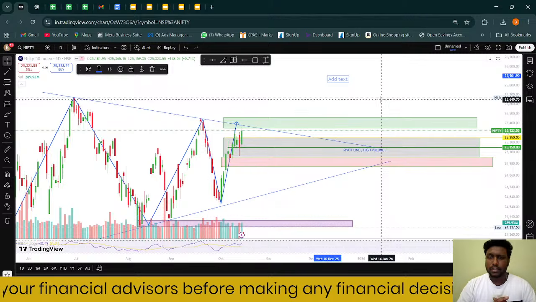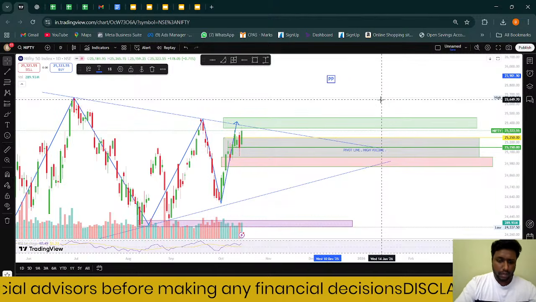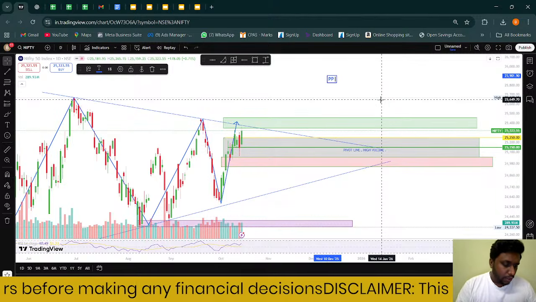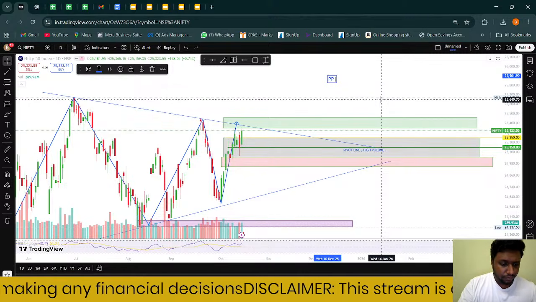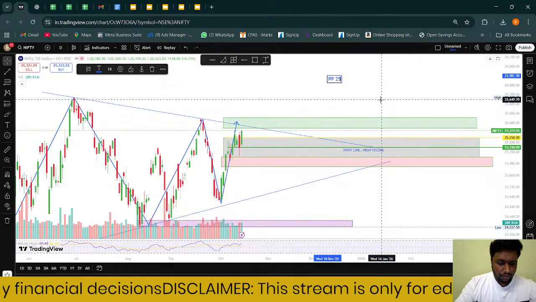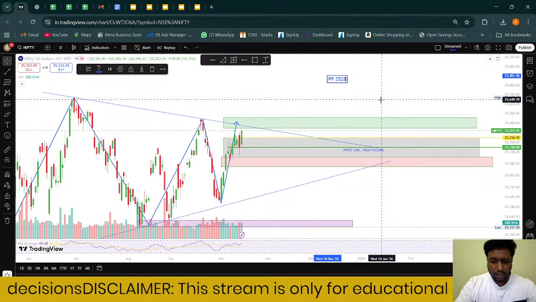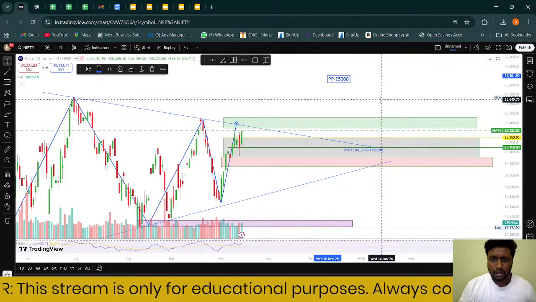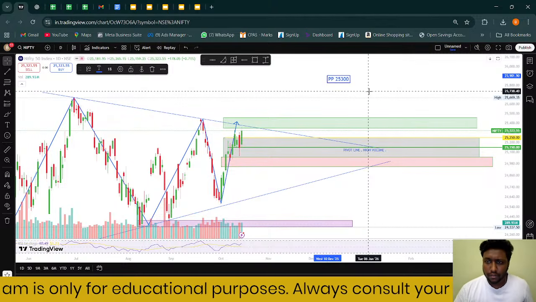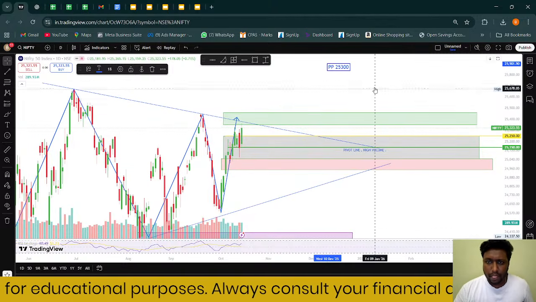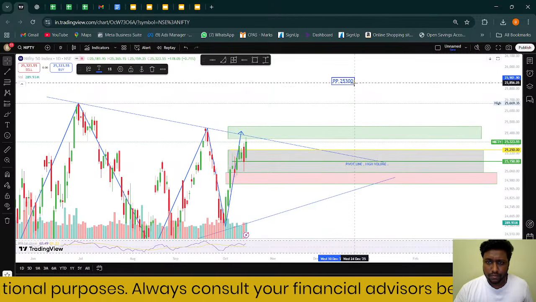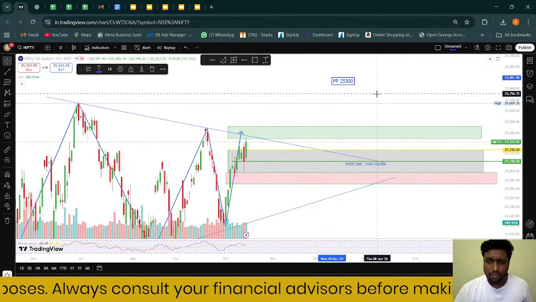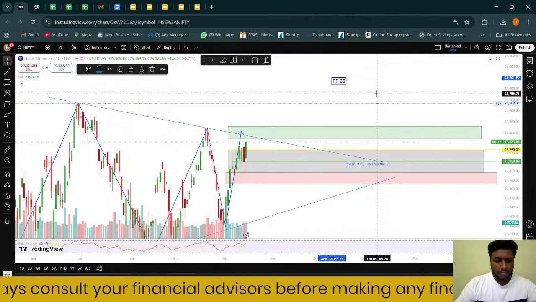As usual, let's start with our pivot point. I'll mark today's pivot point in the 25,280 to 25,300 zone. Today's pivot level is exactly 25,286, so let's mark it at 290.